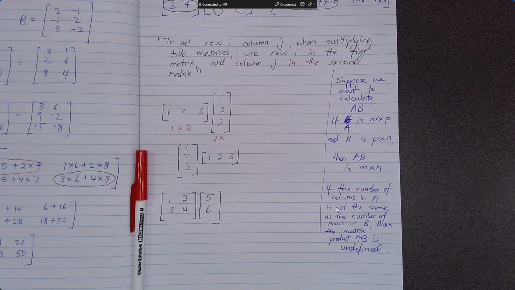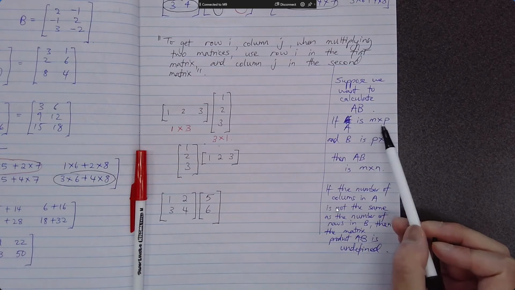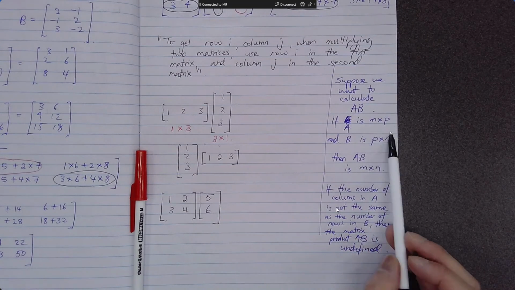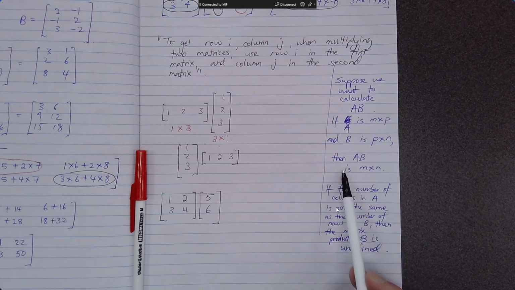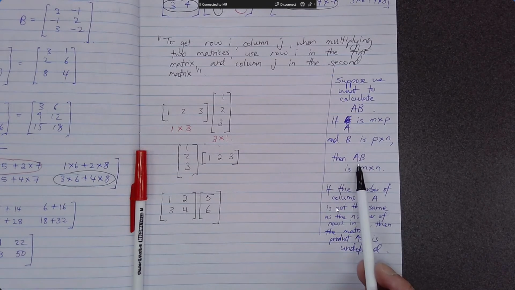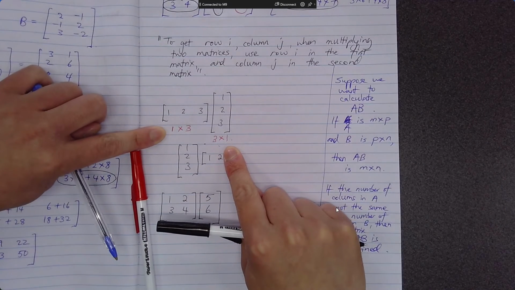Okay, the next thing is, we need to decide how big the answer is going to be. So here I've said, if it's m by p, the first matrix, and p by n, the second matrix, then your answer is going to be m times n. Now I know there's a lot of letters there, but just think about it as the outside numbers.